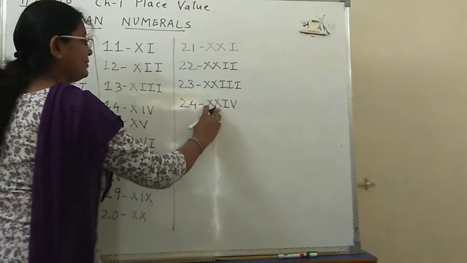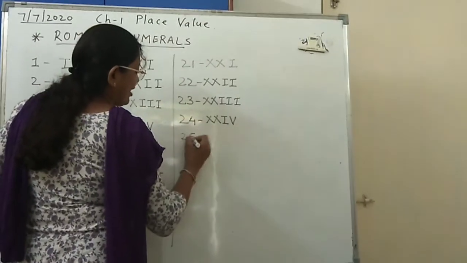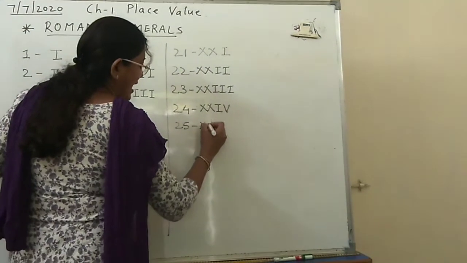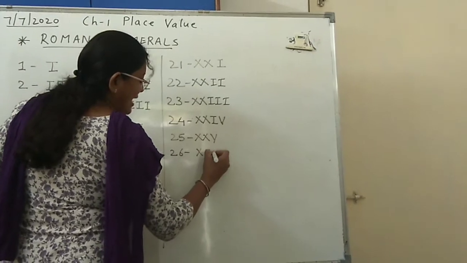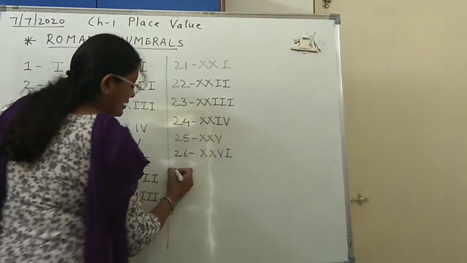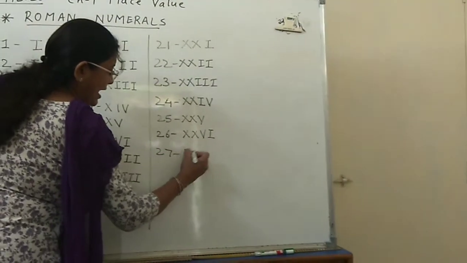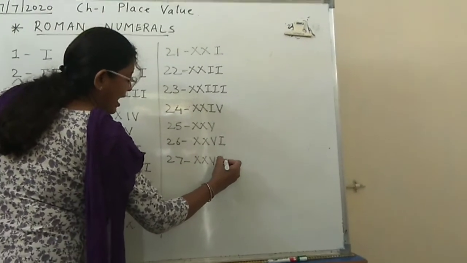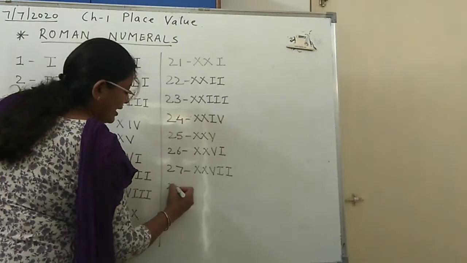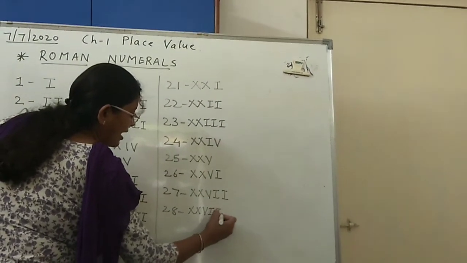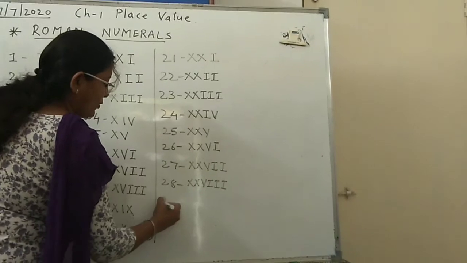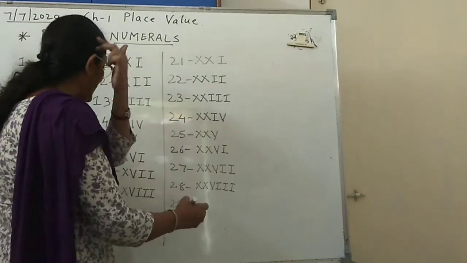Right? And 20 means 10 plus 10. 25 means XXV. 26 means XXVI. 27 means XXVII. 28 means XXVIII. Right? Now 29 comes, right?